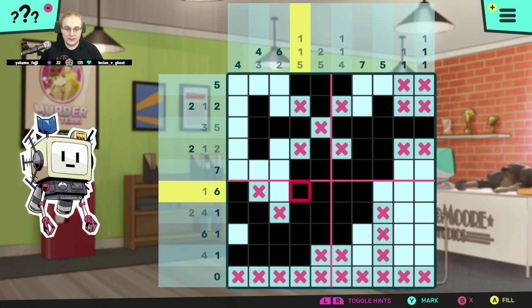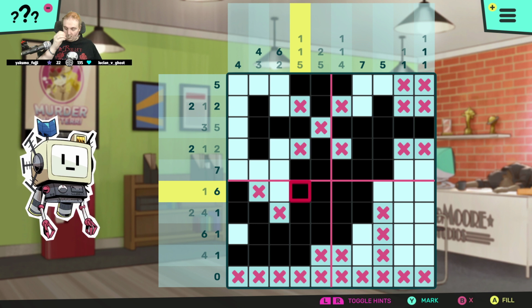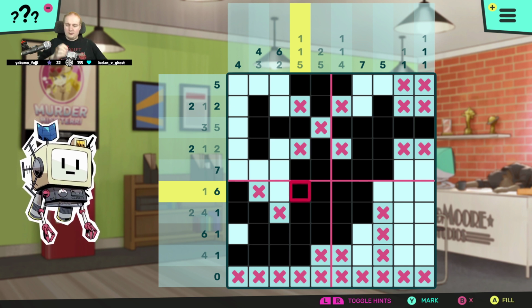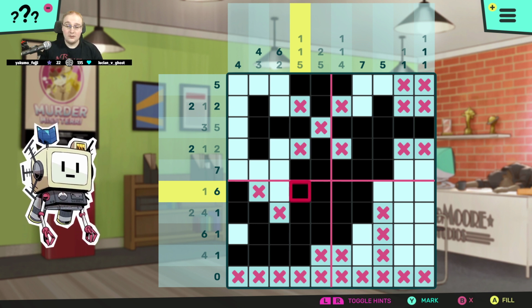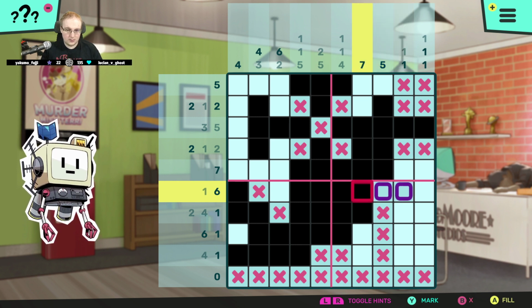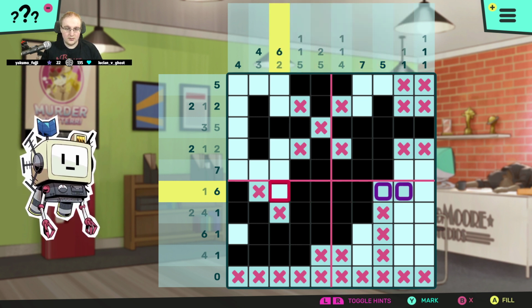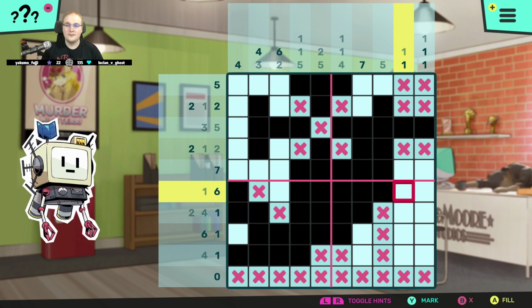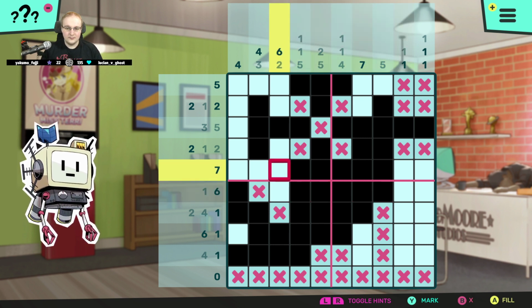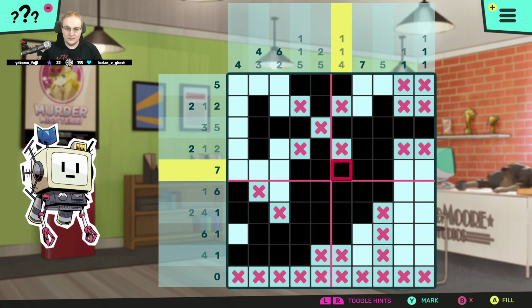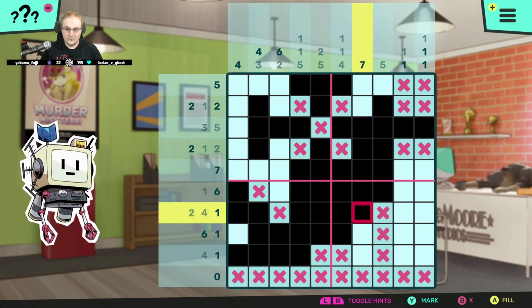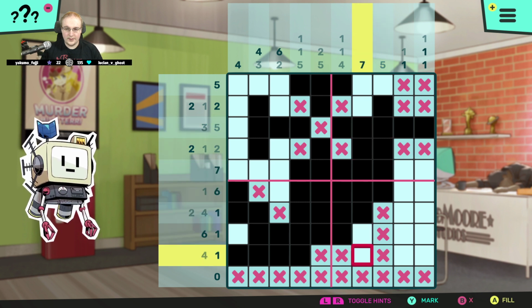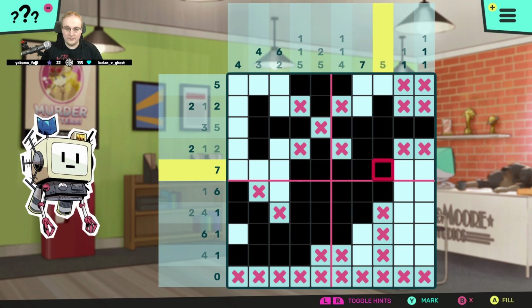Got 6 somewhere there. Smudge on my glasses. That's got to be on. That's still open for grabs.